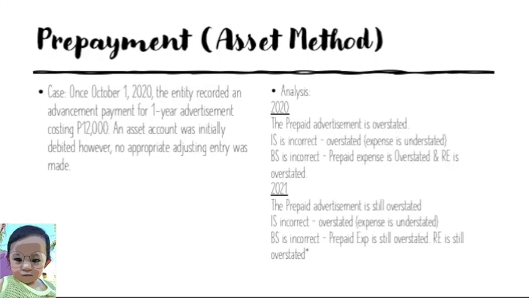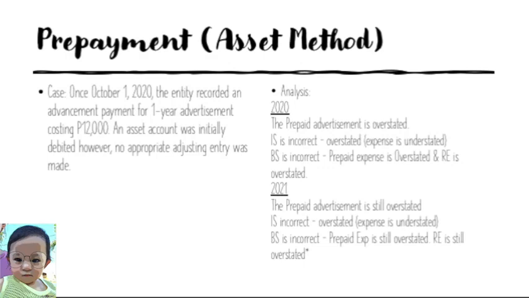But because there's no correcting entry made, the income statement is incorrect because the expense is understated. You fail to recognize the portion pertaining to 2021. So the net income is overstated. The balance sheet is also incorrect because you still have prepaid expense. Supposedly, your prepaid expense would have a balance of zero in 2021 since the advertisement is only good for 1 year. So your retained earning is still overstated.